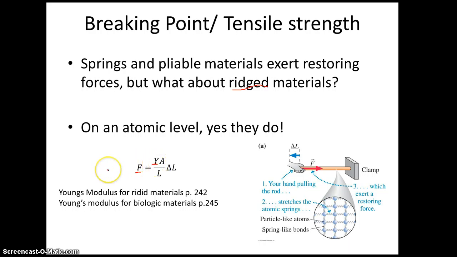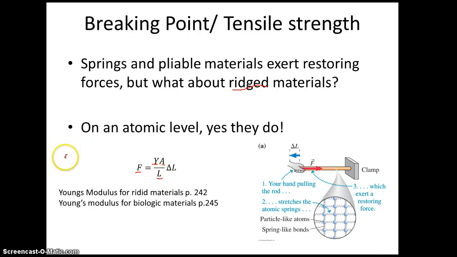This is a constant, and it's specific to the type of material that you're using. Any good climber knows that some ropes are better than others, and steel cables are better than any rope around. And so the restoring force depends on the Young's modulus of the kind of material that you're using, as well as the area and the length of that material.